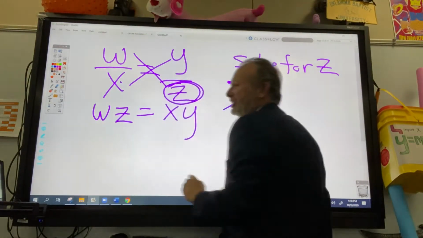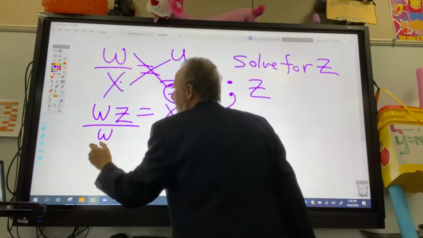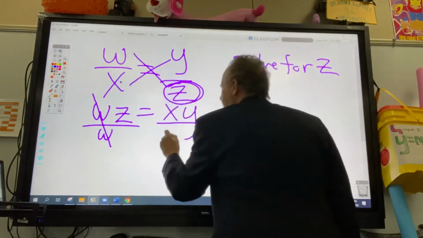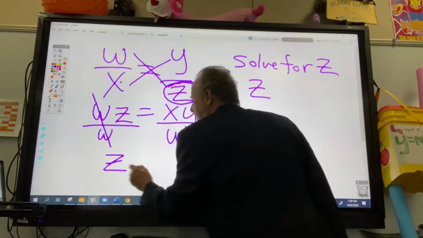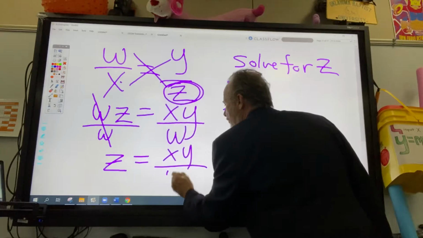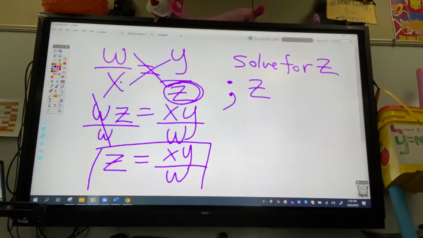I'm trying to get z by itself. W times z divided by w. I'm going to 1 out the w. And what you do on one side, you got to do on the other. Well, that cancels out, gives me z by itself, and z equals xy over w. Boom, bada, bing. Z equals xy over w.